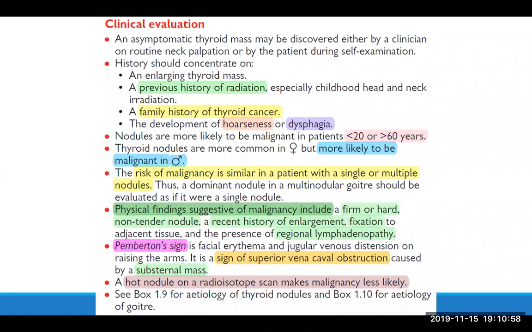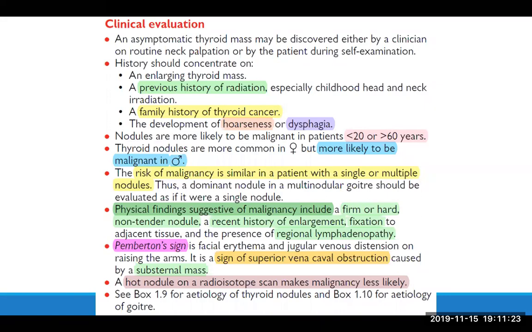In the clinical evaluation of a thyroid nodule, we must take from the history the alarming signs or symptoms, the alarming manifestations which indicate that the risk of malignancy is high. In any patient, we must take a history of previous neck radiation.